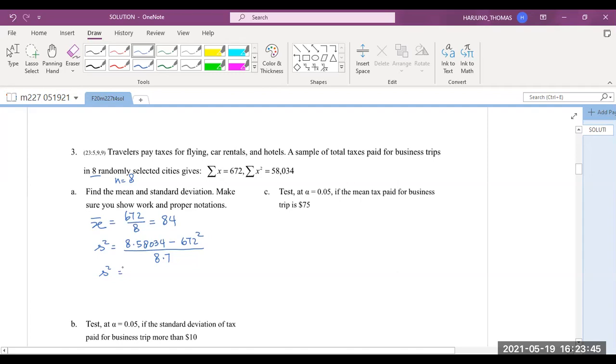So 8 times 58,034 minus 672 squared, all divided by 56. That gives me the sample variance 226.57143. Then the sample standard deviation will be the square root of that. Okay, so this is the sample mean and sample standard deviation.